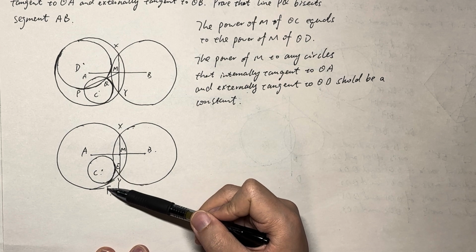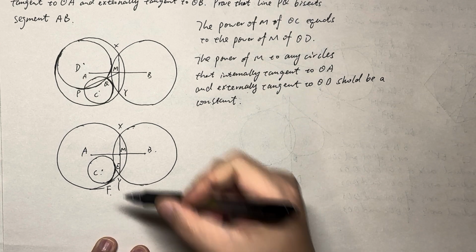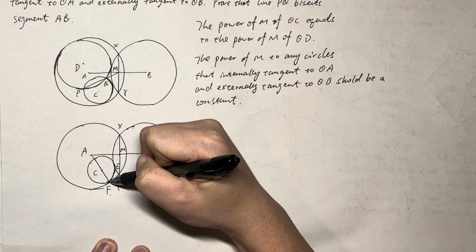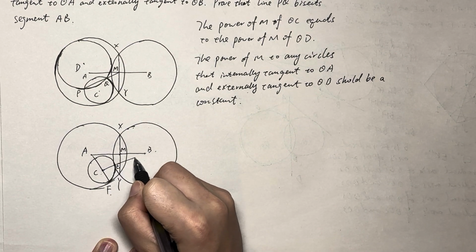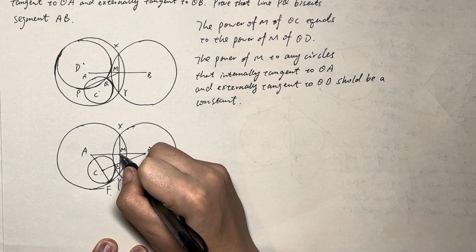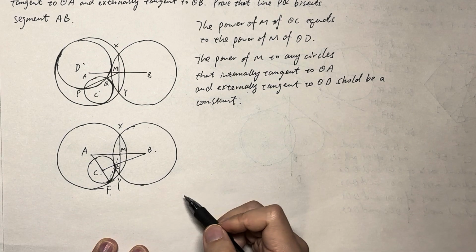M, E, F might be collinear. So we already know that A, C, F are collinear and C, E, B are collinear. So we do the direct connection. What about M, E, F? Are they collinear? We don't know.